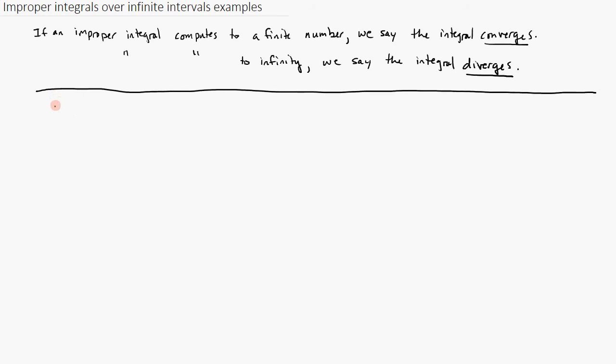So if n is any number bigger than 0, then the limit as x goes to infinity of 1 over x to the n is always equal to 0.